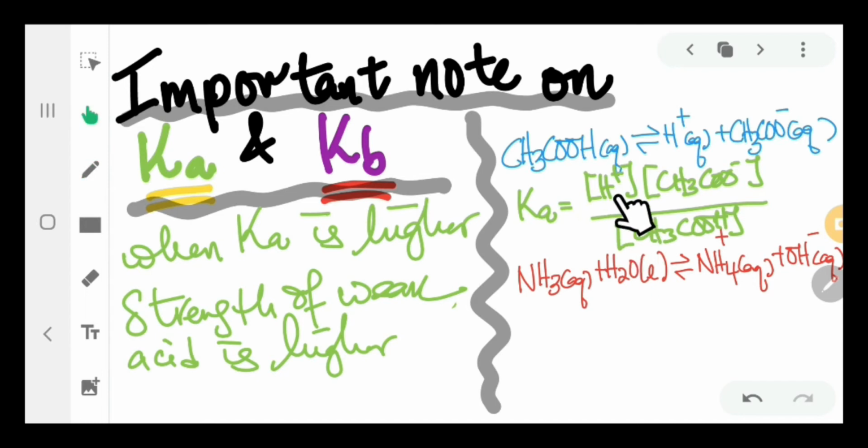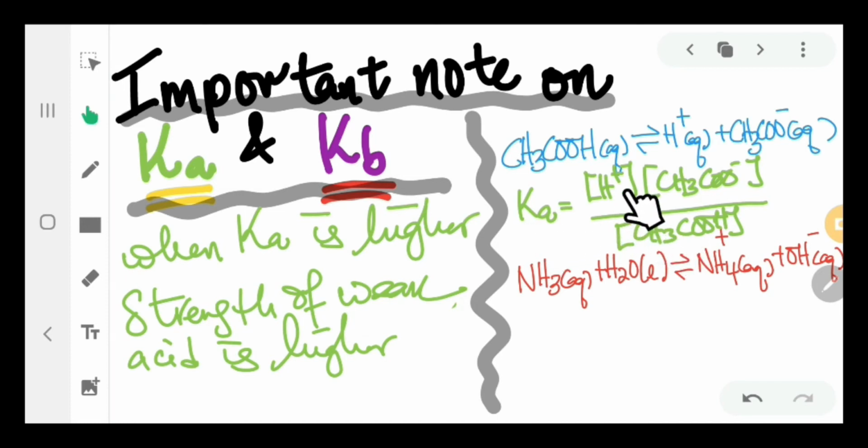So if you have more of this being produced, you will surely have a bigger Ka value because you have a bigger value on top. If you have less value on top, but more value at the bottom, you will have a smaller Ka.